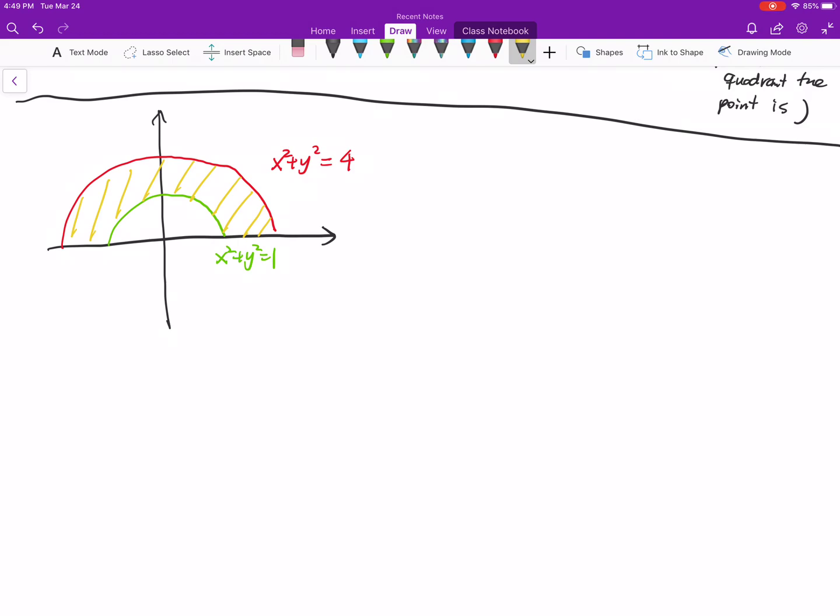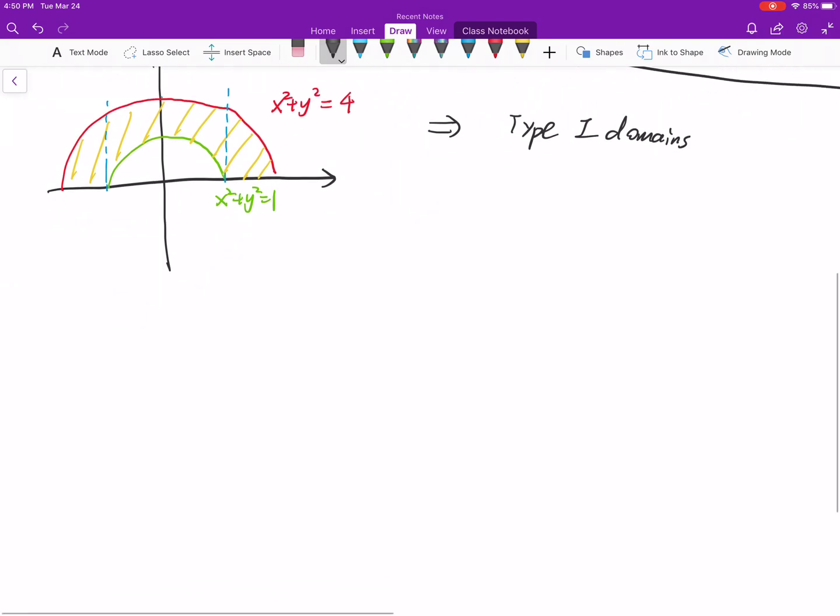Okay, if we want to calculate the area, then you see it's neither type 1 nor type 2. Therefore, you need to do the following cutting. So this is the first cutting, then change to type 1 domains.